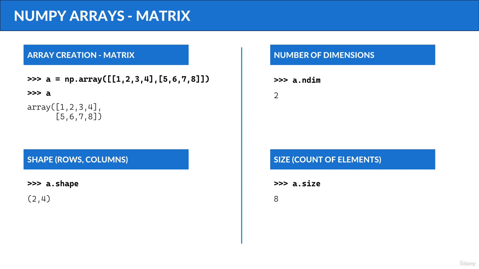And that's because it has 2 rows and 4 columns, as we can see at the top here from the output of our variable. Unlike last time, where we just had 1 dimension, this time our ndim attribute returns 2, as we have 2 dimensions in this array, because there's both rows and columns. And then finally, size will again return the number of elements inside of the array.